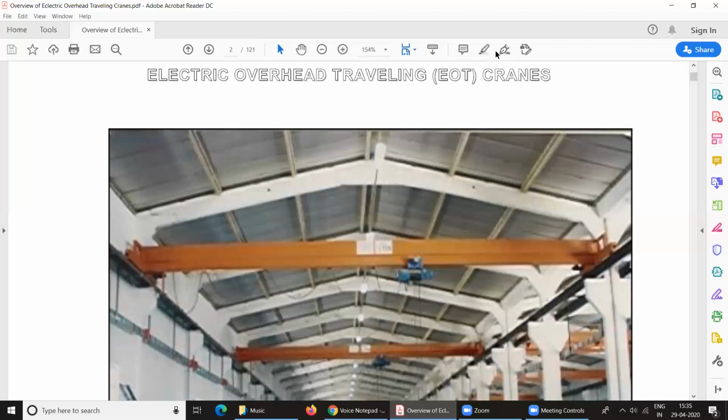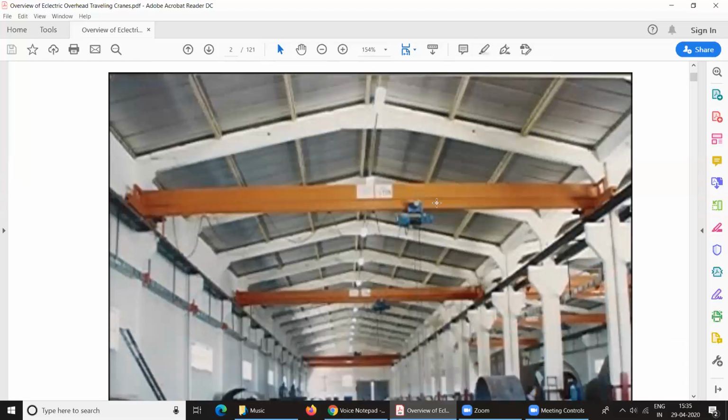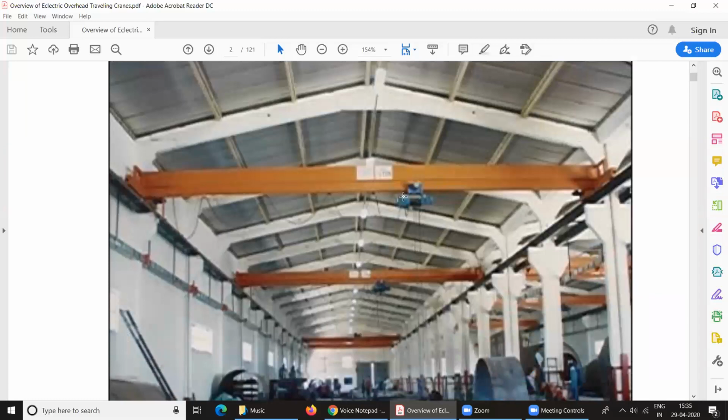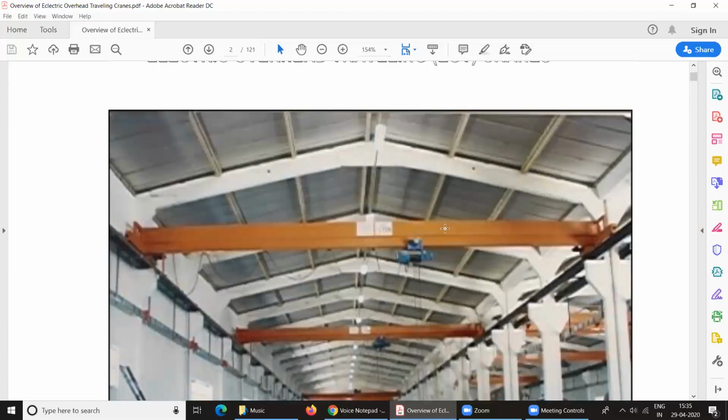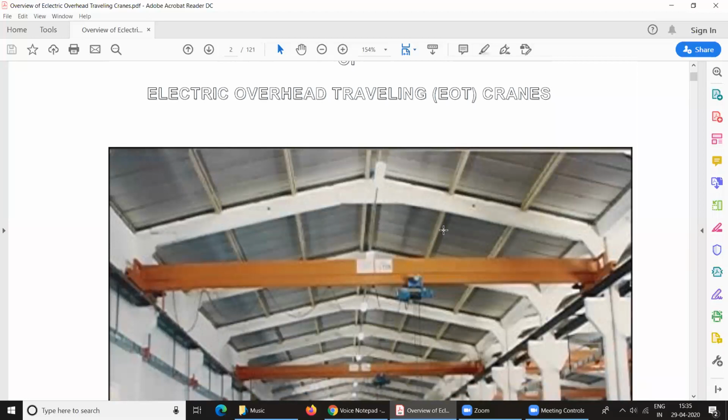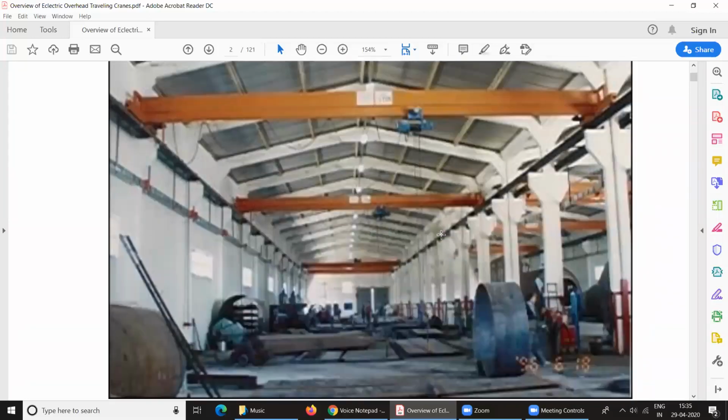Here you can see the attachments of a particular EOT crane, that is, electrical overhead traveling crane.